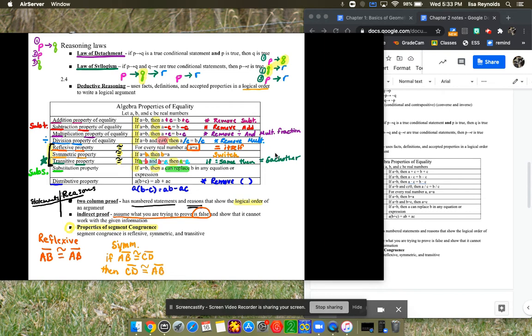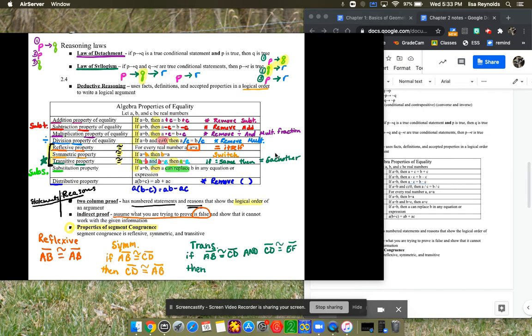And our transitive property would say if I have a congruent statement and one piece of that congruent statement is congruent to another segment, then I can create a third congruent statement.